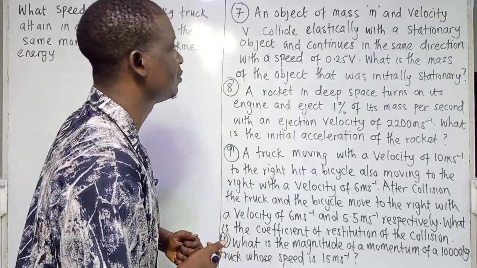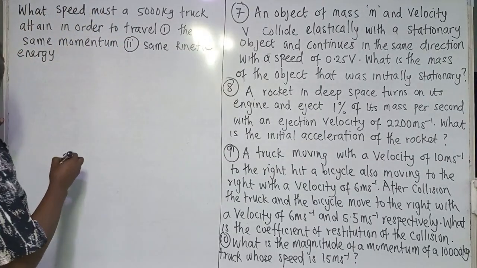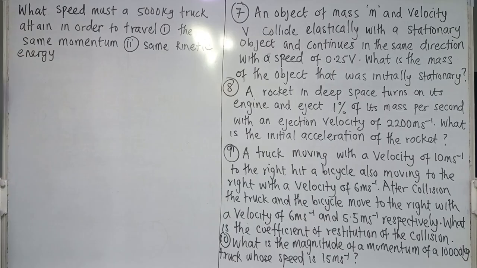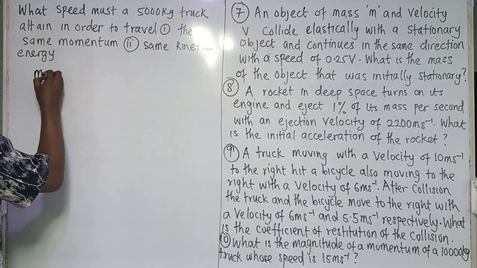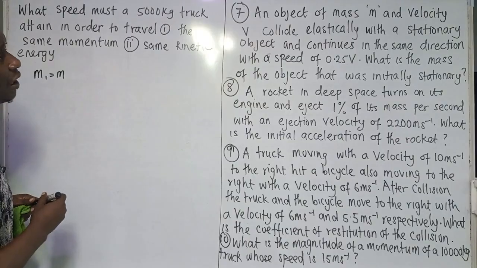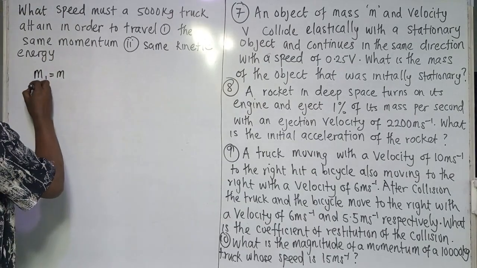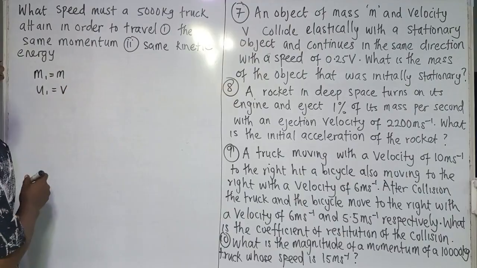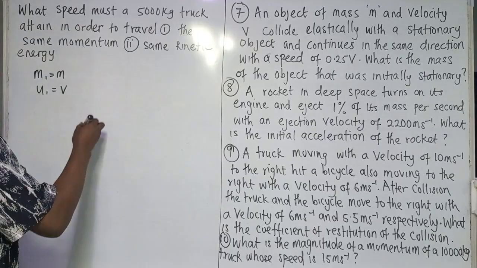Number 7 says an object of mass m, so let's call our M1 equal to M. Velocity V, so let's say U1 is equal to V. It collides elastically with a stationary object.